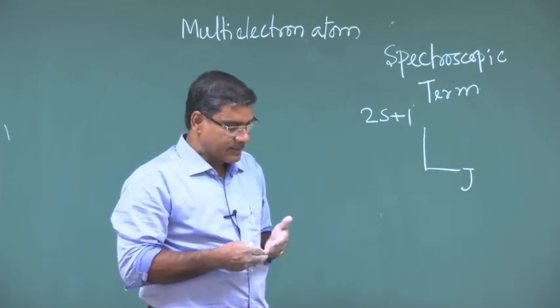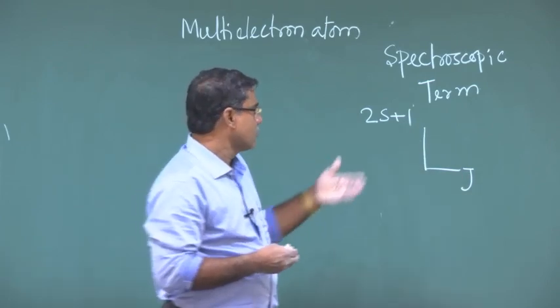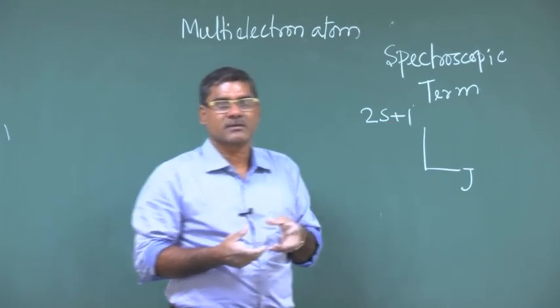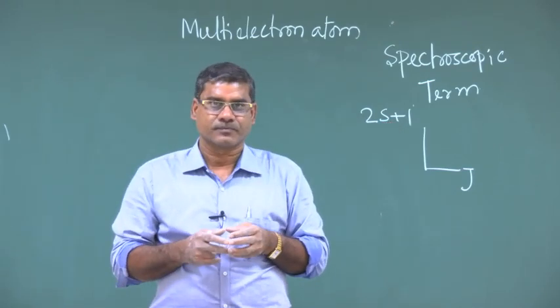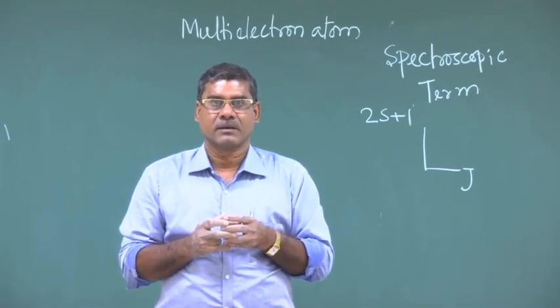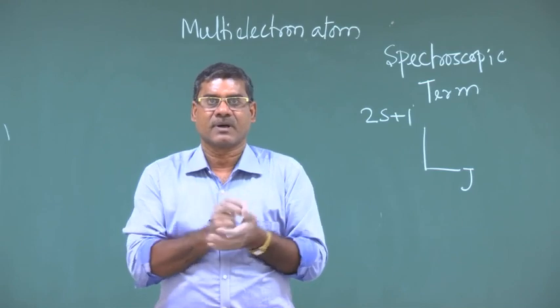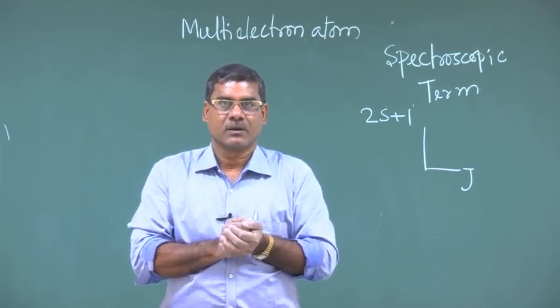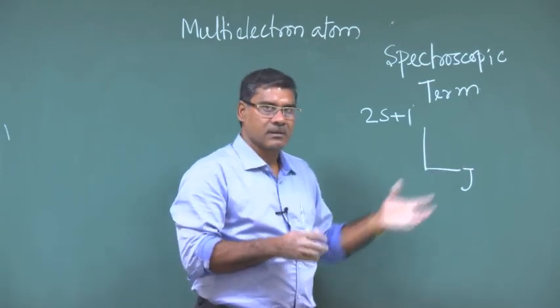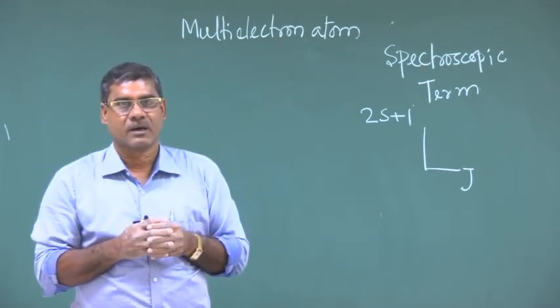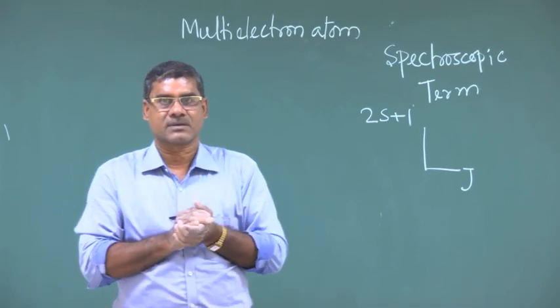So, for multi-electron, I have to know S. Now, S is the total spin quantum number of the multi-electrons in the atom, and L is the total orbital angular momentum of all electrons.